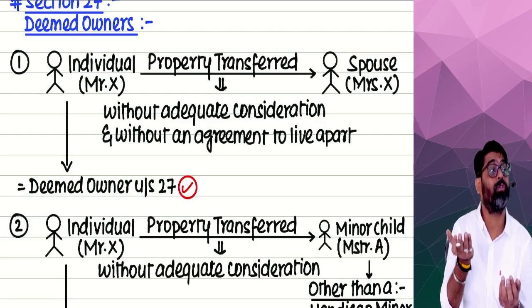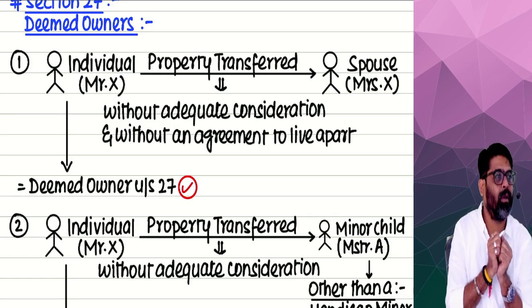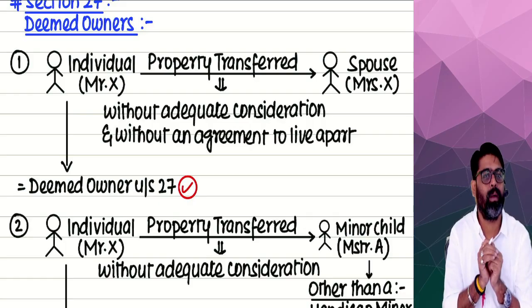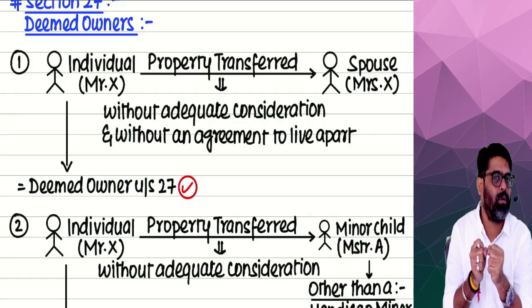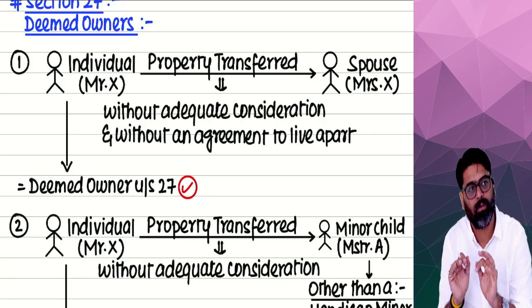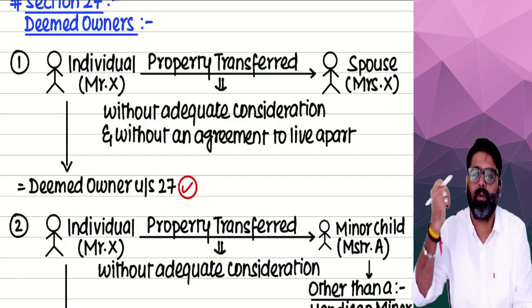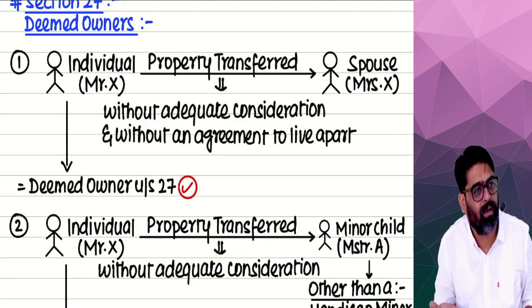So the income was coming on my name, so I had to pay tax at higher rates. Getting my point? So to avoid that, I still needed that property in my control, and I transferred the property on the name of my spouse. So that property is still in my control only.